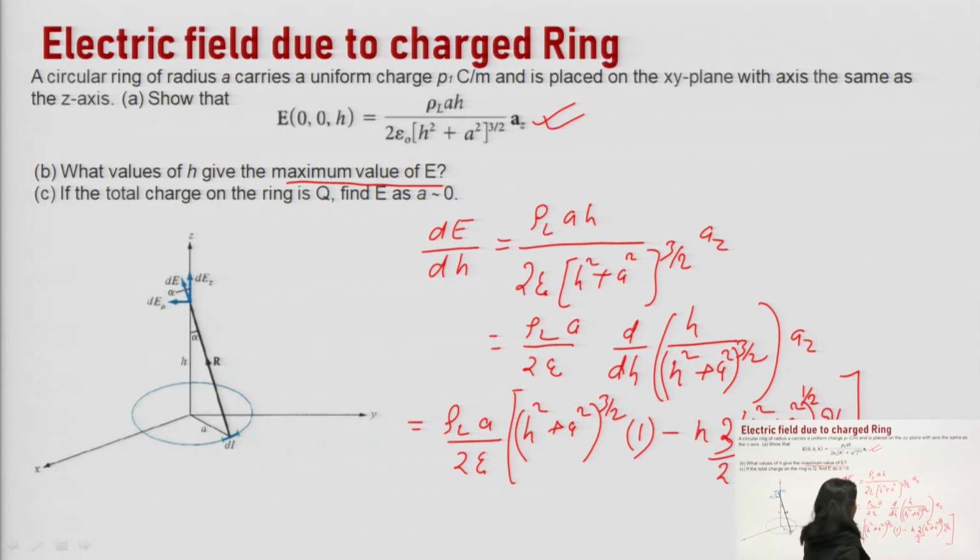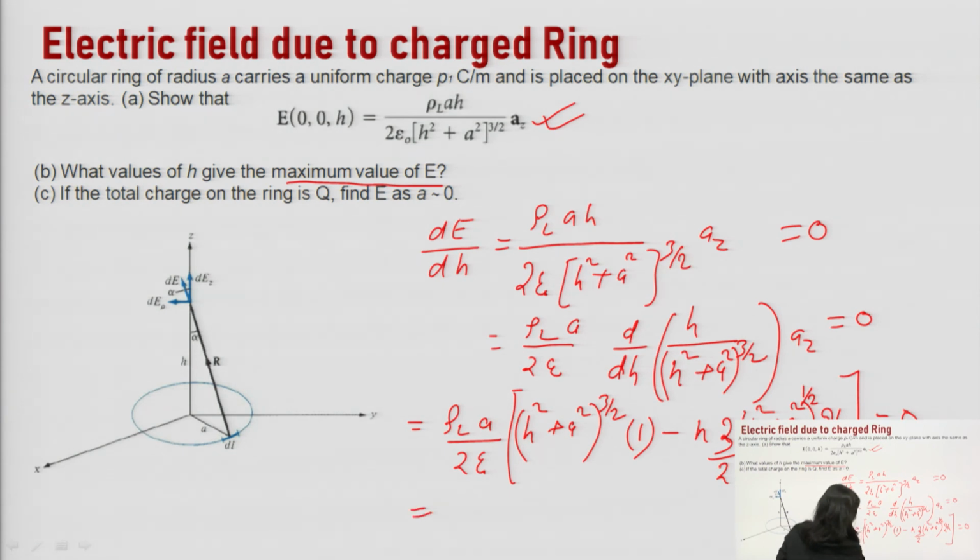For getting the maximum value of E, we need to equate dE by dh to 0. So here we will equate it to 0. Then all this term will go to that side and it will vanish.